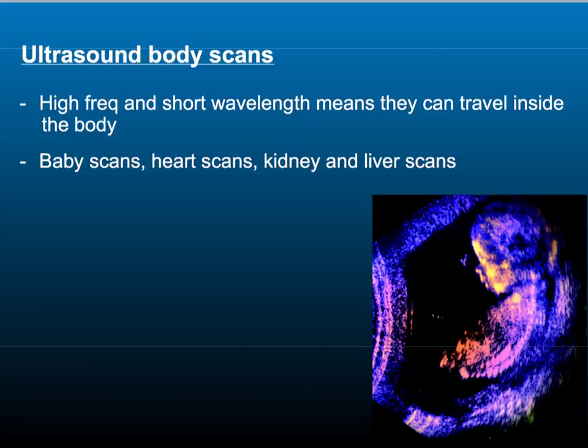In fact, you've probably already had an ultrasound scan, but you were too small to remember. In fact, you were never even born. Ultrasound can travel inside the body and produce images that are useful for doctors. They are generally used as a non-invasive means of checking that babies are developing properly while still inside their mother, but can also be used for other things.